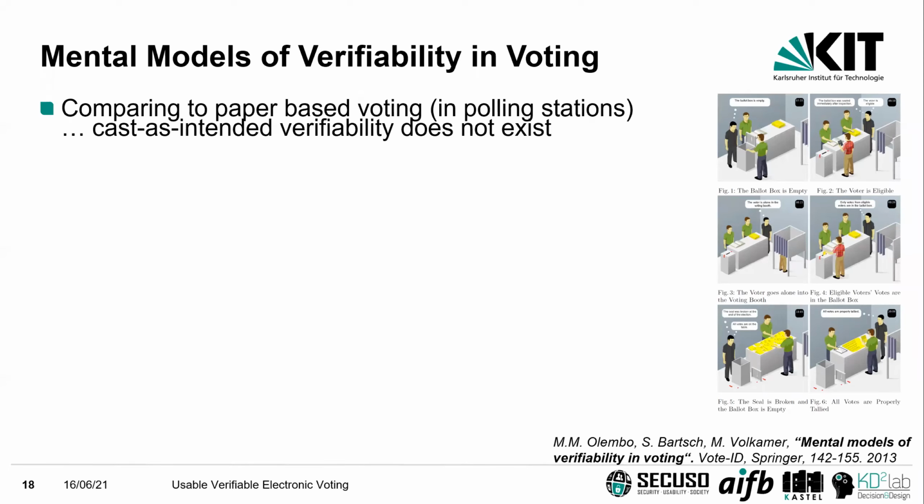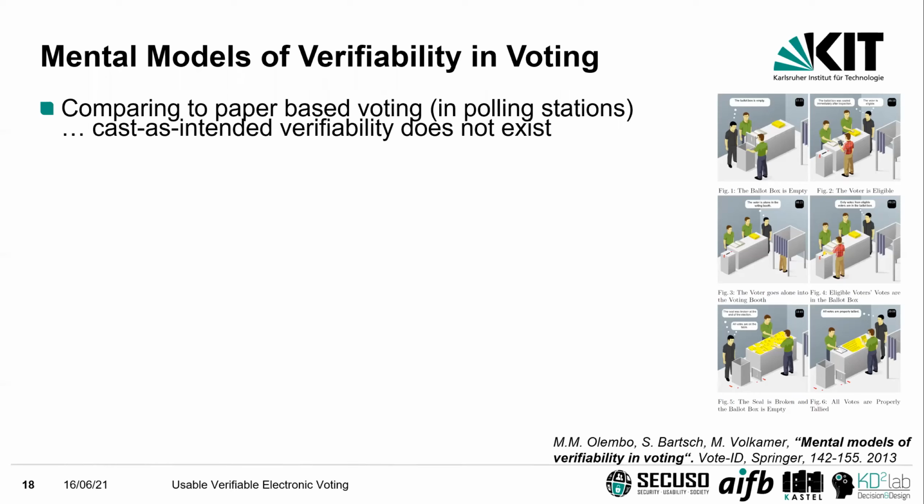I know again that not everything is possible in other countries, but in Germany, you can stay there the entire day. You can see that the ballot box is empty, that voters' right to vote is checked properly, that goes all through the day, and then at the end of the day, you can observe that all votes are properly tallied.